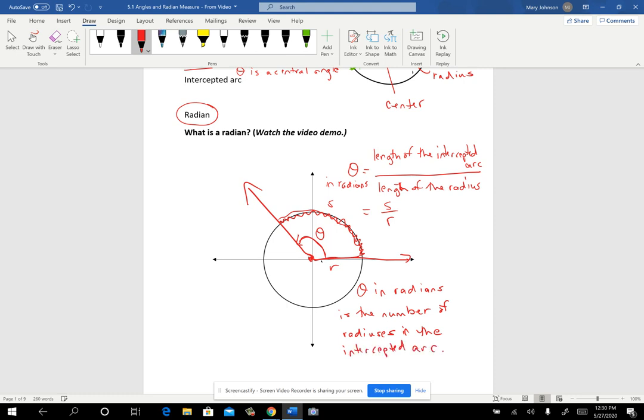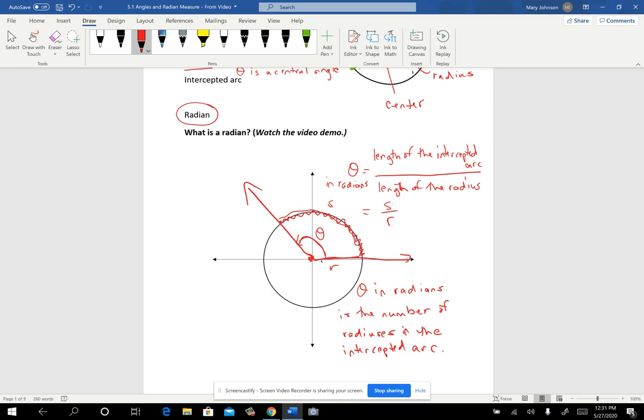It's like you're looking at how long the intercepted arc is relative to the radius. How many radiuses is it? Is it one radius, two radiuses? Is it 2.35 radiuses? And the way you determine that is you take the length of the arc divided by r, and that tells you how many radiuses there are in this piece of the circle.